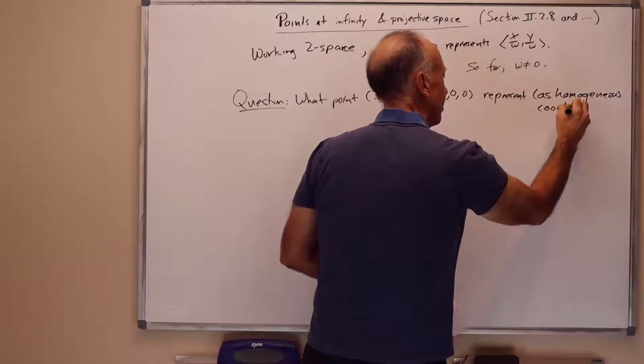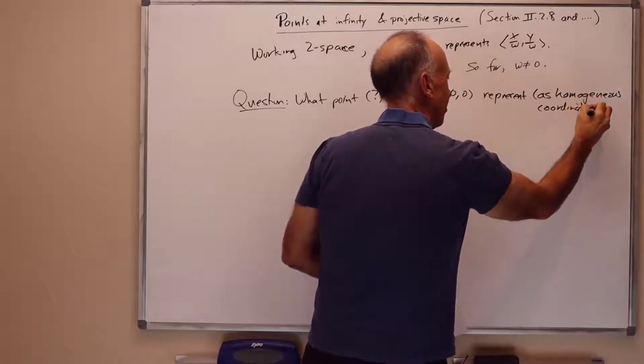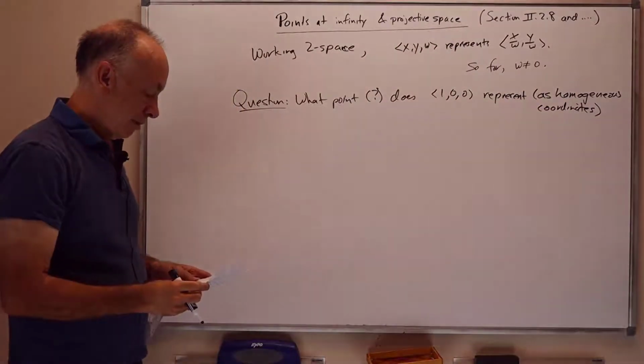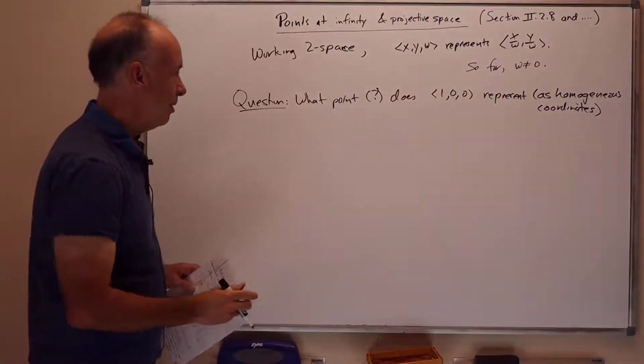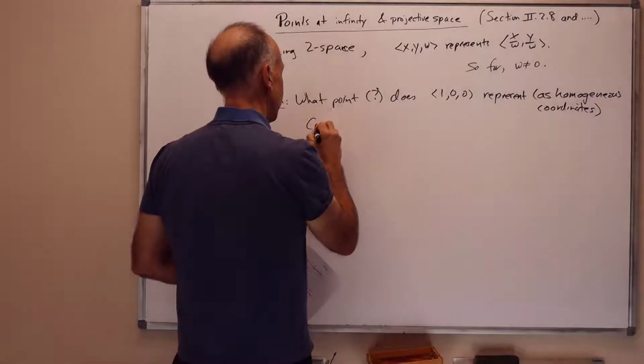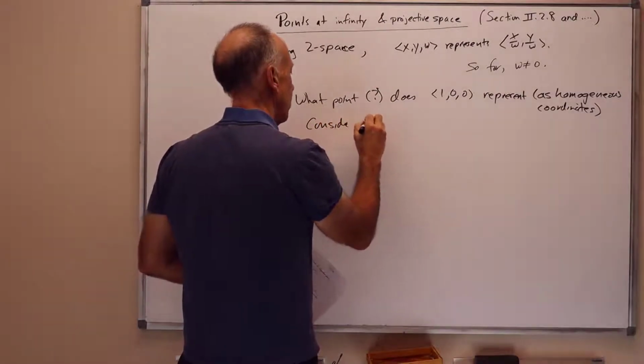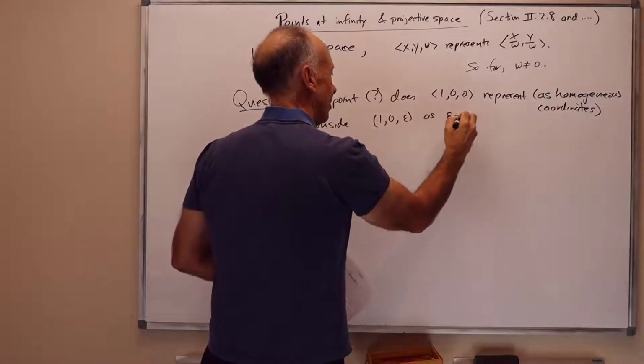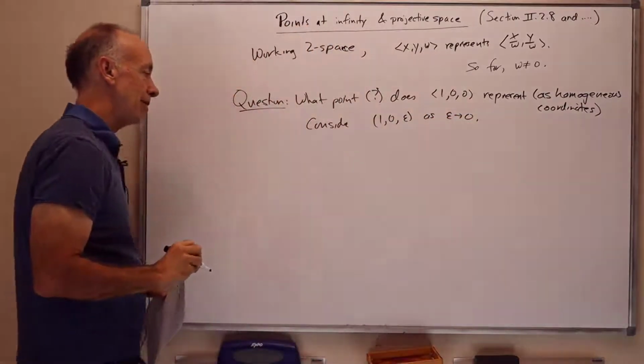So of course we can't just take 1 over 0, 0 over 0, because that's not a point. We can't divide by 0. But we can think about taking a limit. So we can look at, for instance, consider 1, 0, epsilon, as epsilon tends to 0, and we can see what happens there.